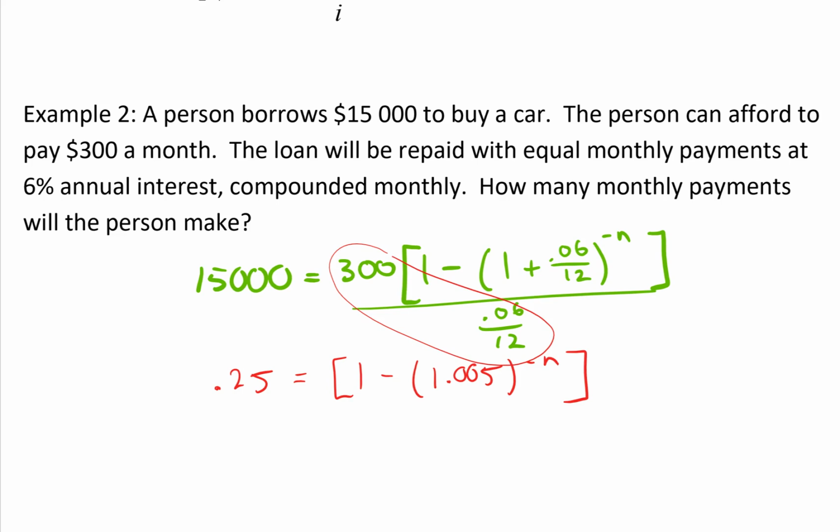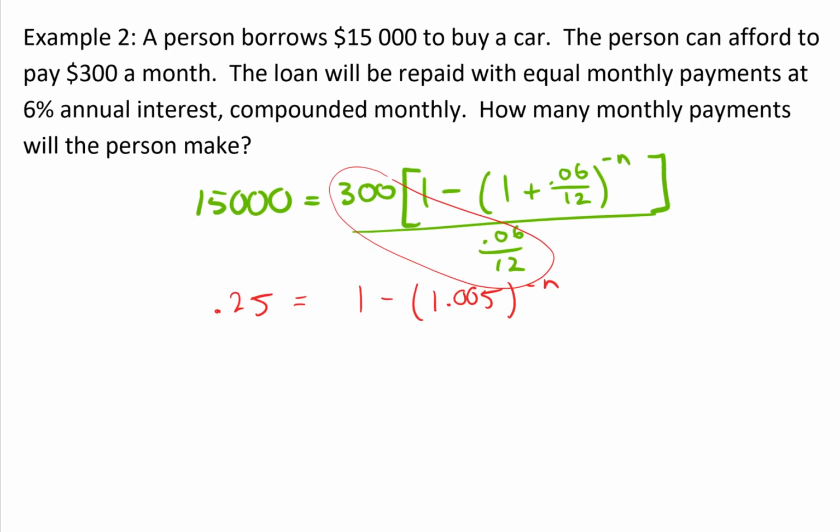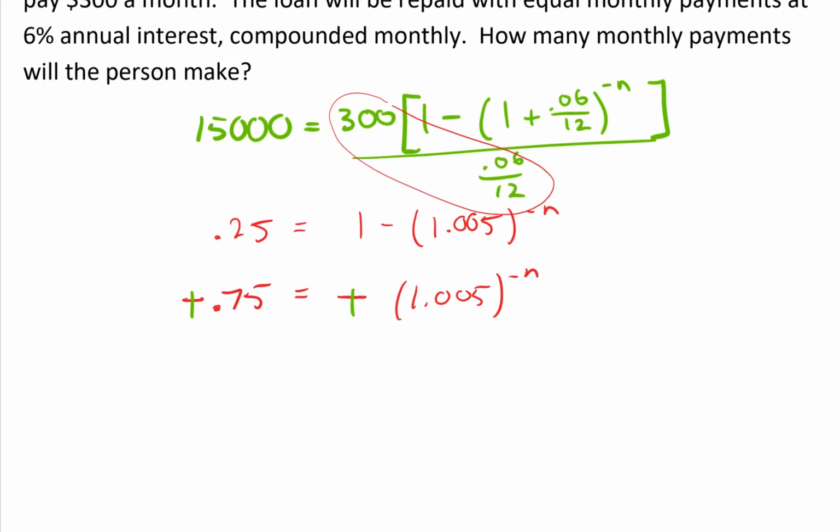Okay, now what? Well, if I take those big brackets away, I can subtract 1 from both sides. And then I'm going to get negative 0.75 equals negative 1.005 all to the negative n. Okay, I'm going to divide by a negative. I can do that because this negative is outside of the brackets.